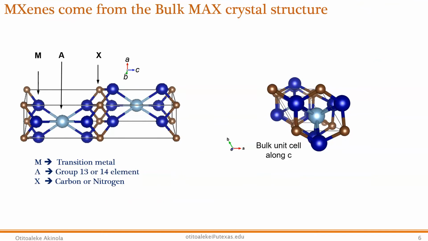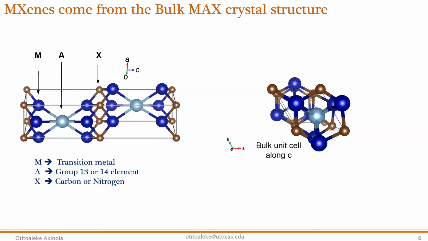So where do MXenes come from? MXenes come from the bulk MAX crystal structure, where M signifies transition metal, as we've seen earlier. A is a group 13 or group 14 element, which can be gallium or germanium or aluminum. And X is carbon and nitrogen. And when you see it from top-down view, you have this hexagonal structure.